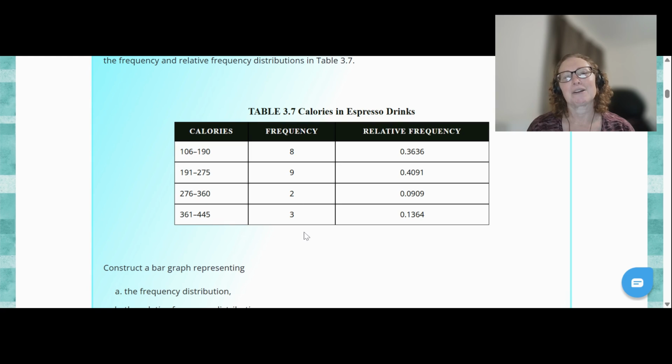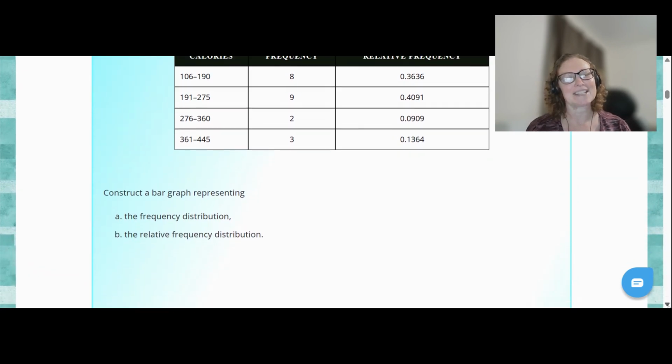Remember, there's 22, so we said 8 divided by 22 to get our relative frequency. We did that for all of those. And what else? The relative frequencies are supposed to add up to 1, right? Okay. Just testing you a little bit as we go along to make sure you're getting this.